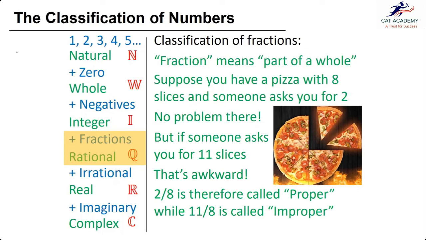So that's why the first fraction, 2 by 8, is called a proper fraction and 11 by 8 is called an improper fraction. Something that we find awkward, we call it improper. Okay? So in mathematical terms, whenever the numerator is smaller than the denominator, it is called a proper fraction. And whenever the numerator is greater than the denominator, it is called an improper fraction. Okay?